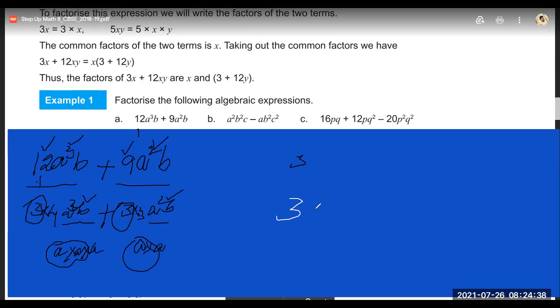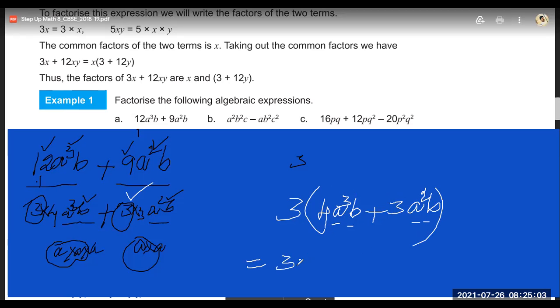Okay, let me write first 3. 4 is left, and then 4a cube b plus. From here also 3 is taken common, so 3 is left inside, a square b. Done. Now again we have a square b here, a square b here. So we write that also outside, a square b.